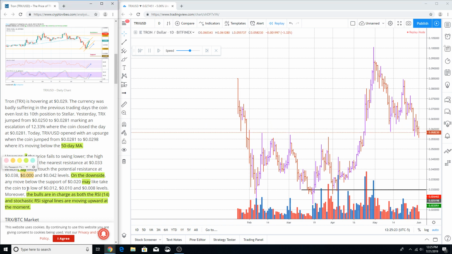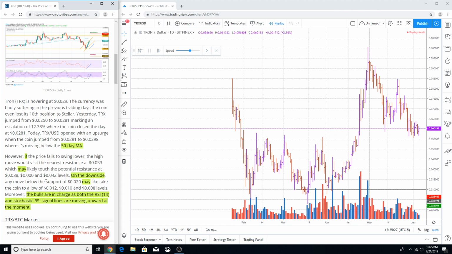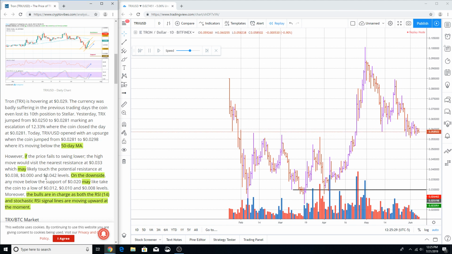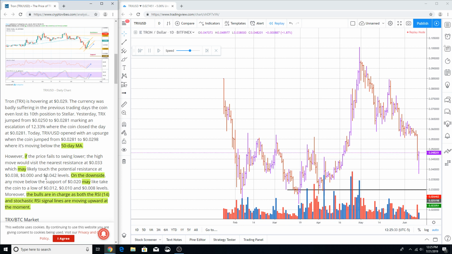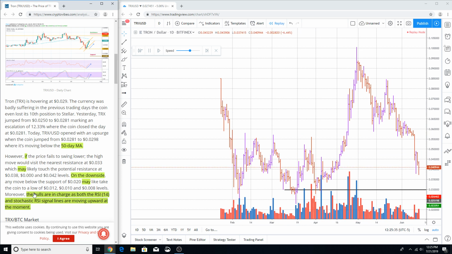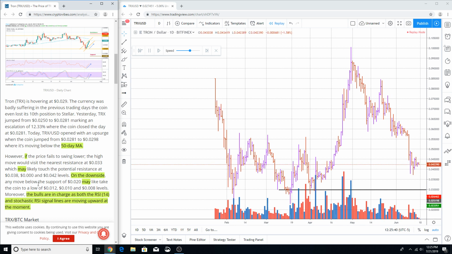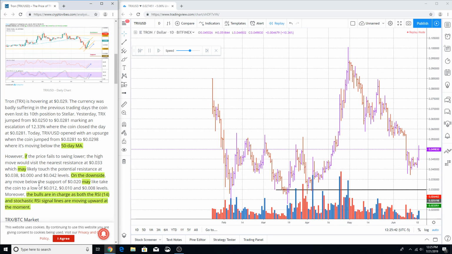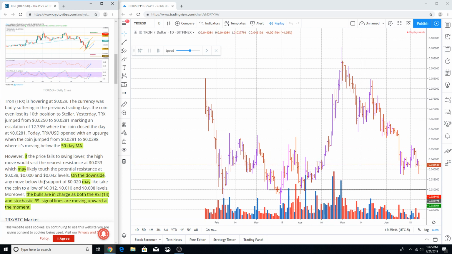Wow, that's an error. And 0.042 levels. So already you have to be on guard as to whether or not Tron fails to swing lower. And if it occurs, it doesn't mean that it's likely. It may hit potential resistance at 0.038 and 0.042 levels.